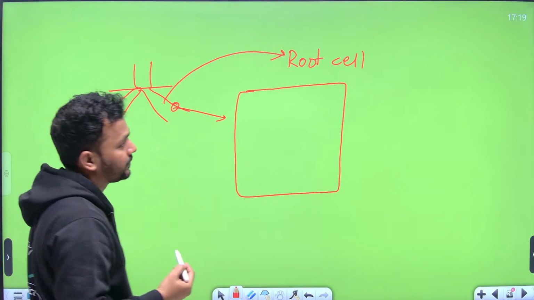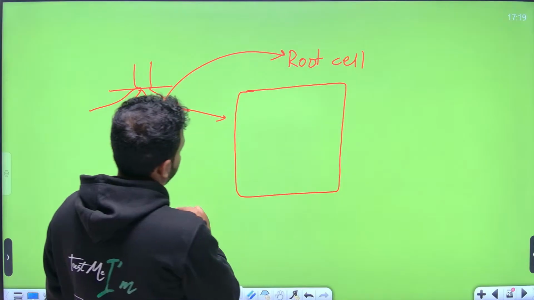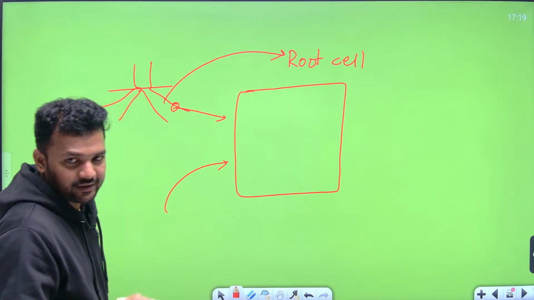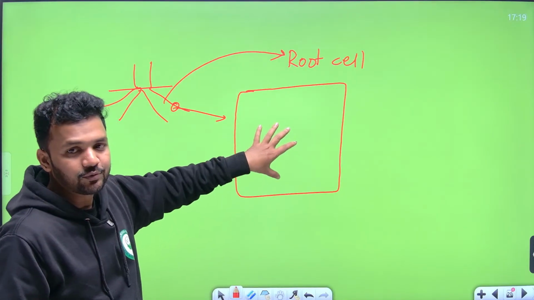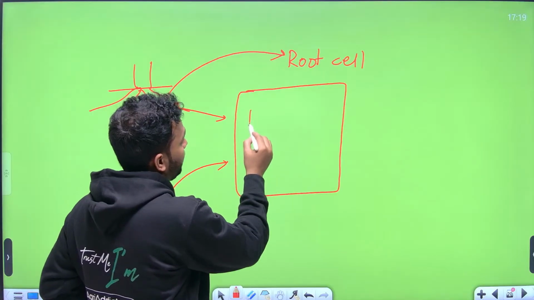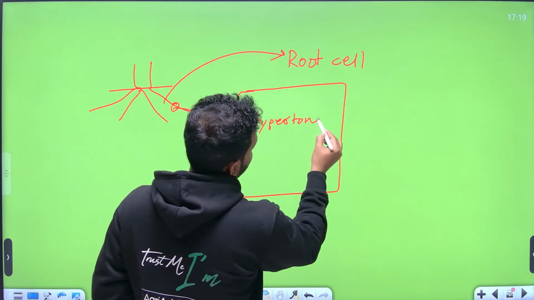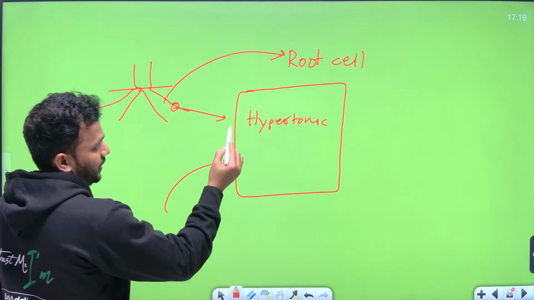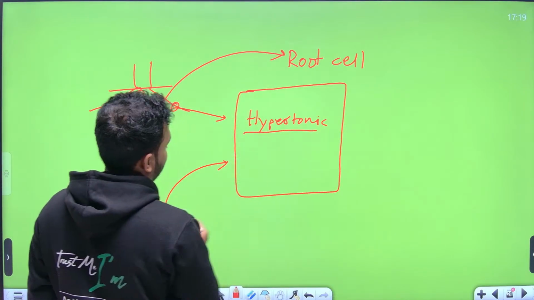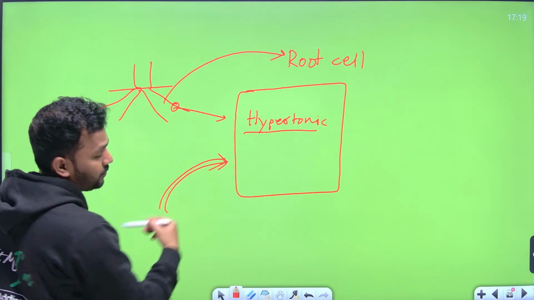This is the root cell. Okay. So water needs to enter here. For that, this system should be hypertonic. And if it is hypertonic, then only water will enter.